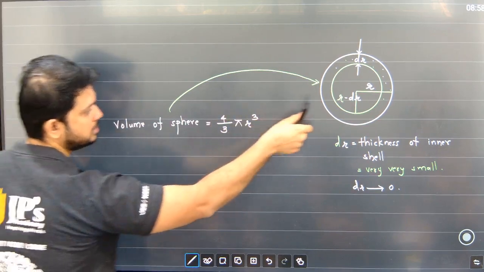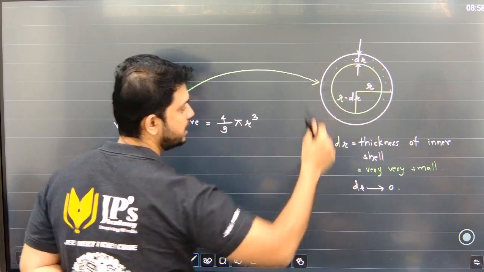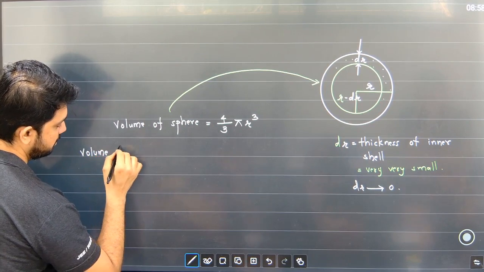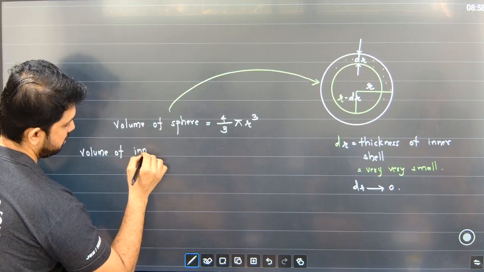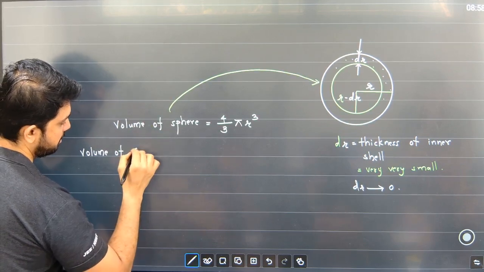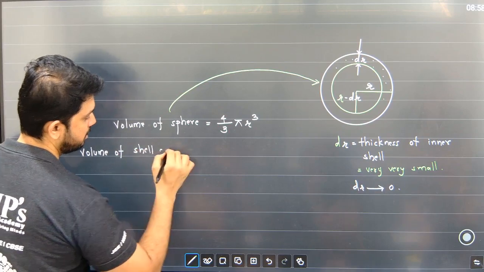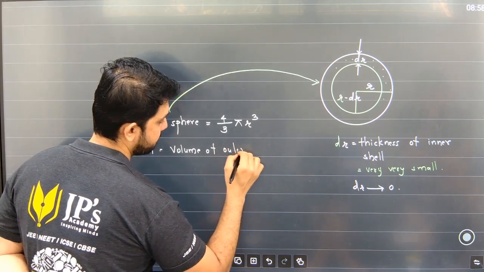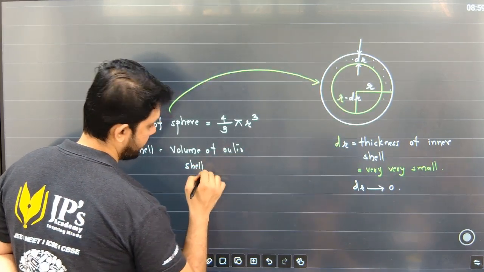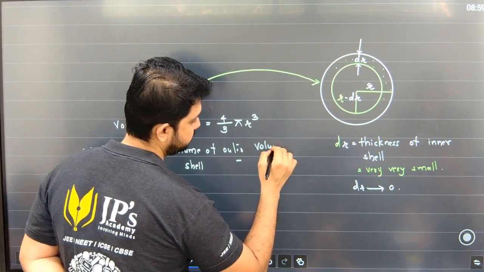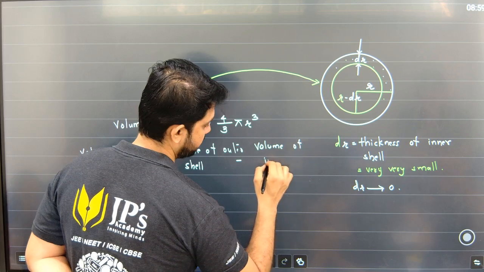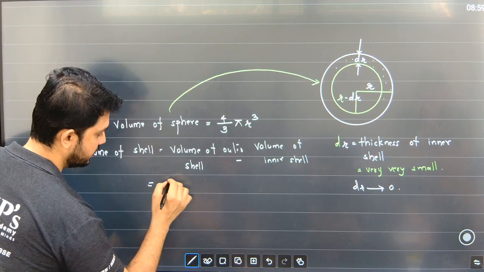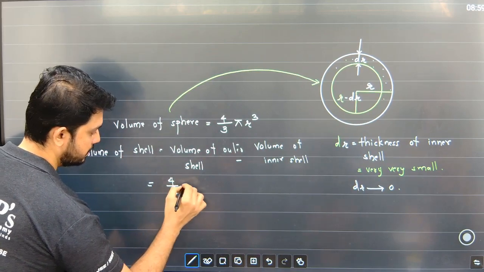So I want to know the volume of the shell. How will I do that? Volume of outer shell minus volume of inner shell. Can someone tell me what will be the volume of the outer shell? 4/3 pi r cube.